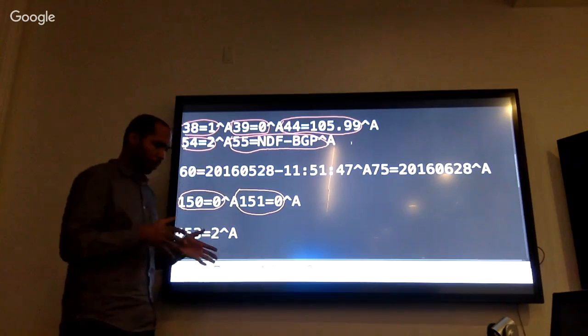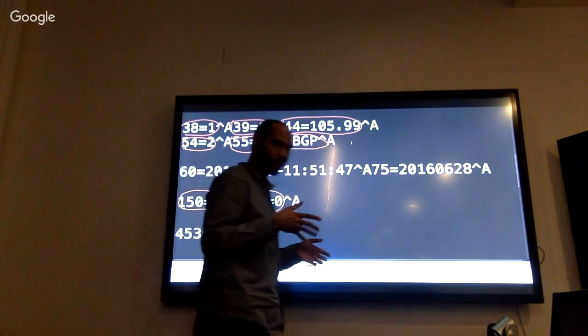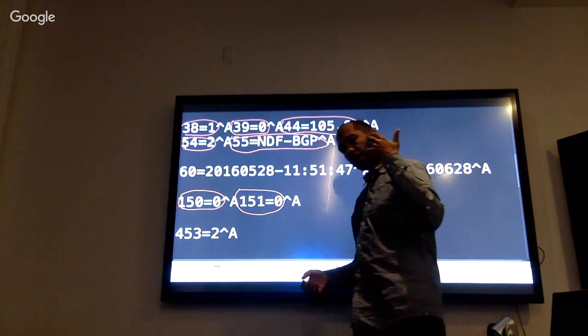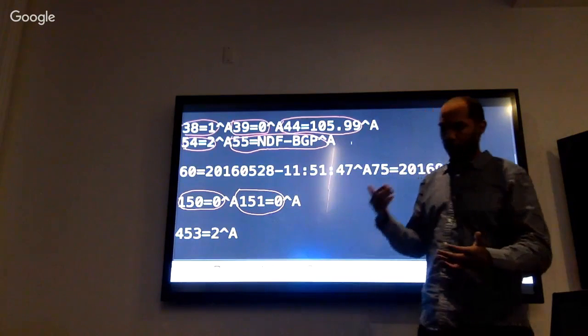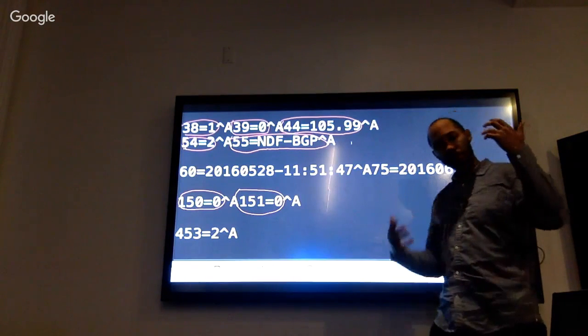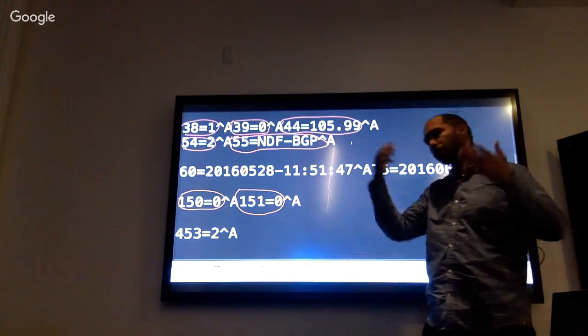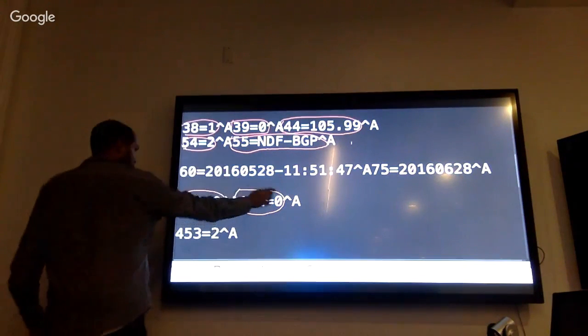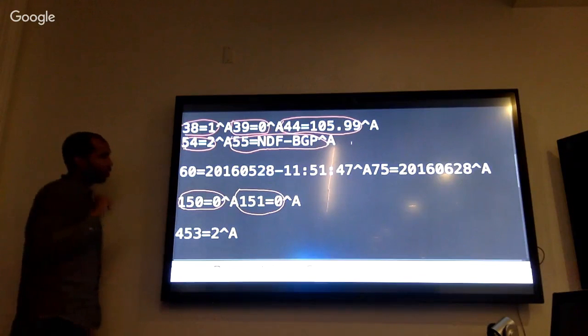I'm working an order and I want to keep track of its status. Do I have any open shares? I want to see how much has been executed, what's the status of my order, is it canceled, is it active? These are really trading-related tags that we see here.